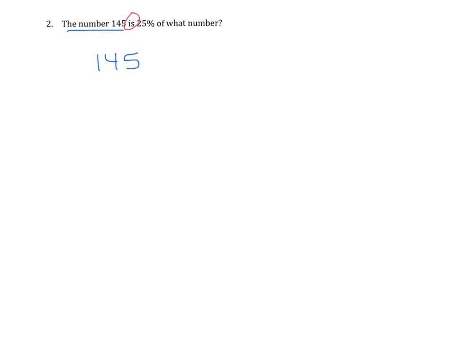Is means equals in math, so I'll write down an equal sign. 25% is a number, so I'll write down that value. Of means to multiply, so I'll write down a multiplication sign. And what number means that I'm searching for that number. I don't know the value. So instead of writing the word number down, I'm going to instead write a question mark. This just makes it simpler to work with.